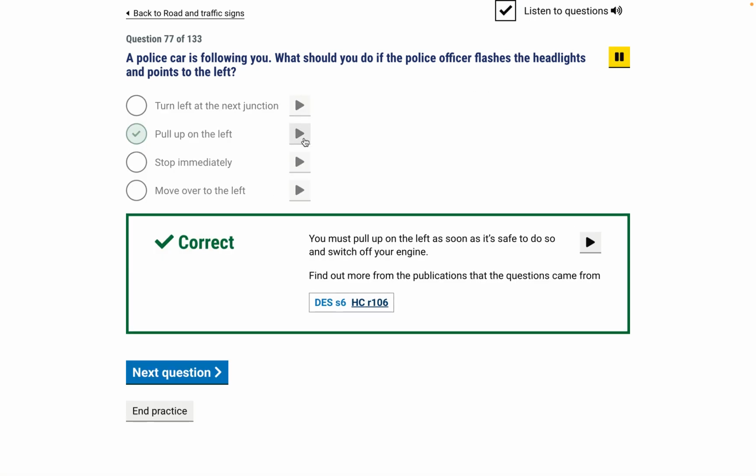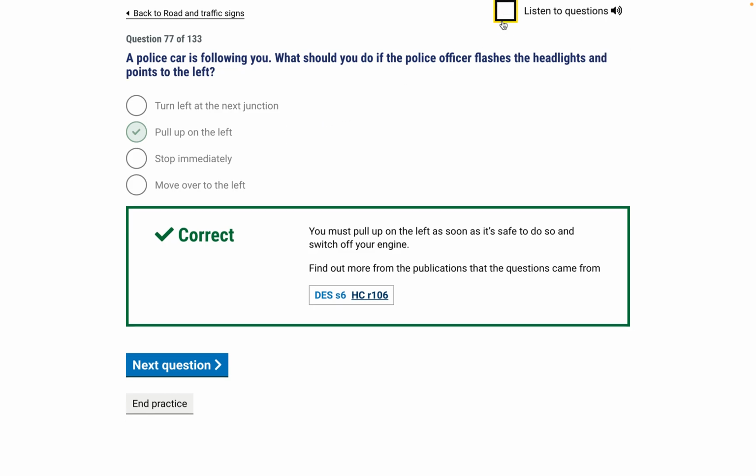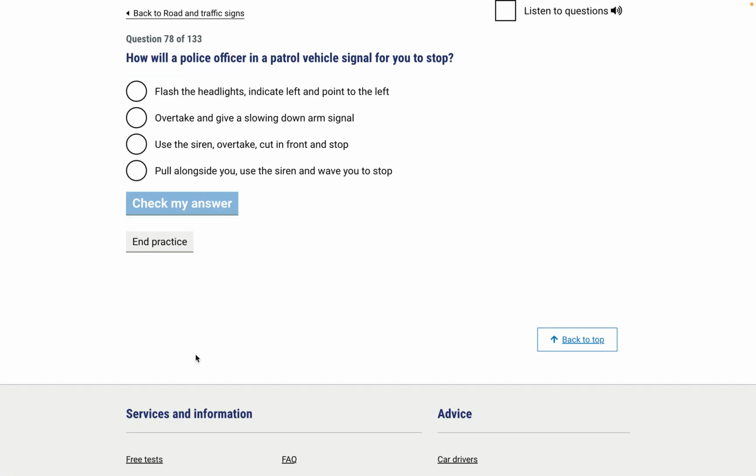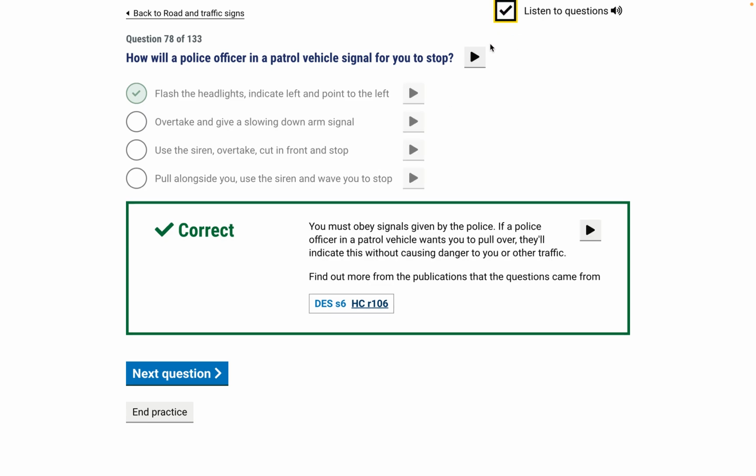A police car is following you. What should you do if the police officer flashes the headlights and points to the left? Pull up on the left. How will a police officer in a patrol vehicle signal for you to stop?